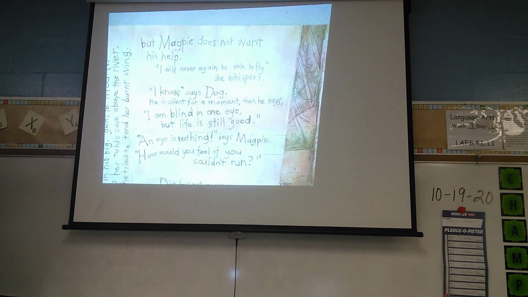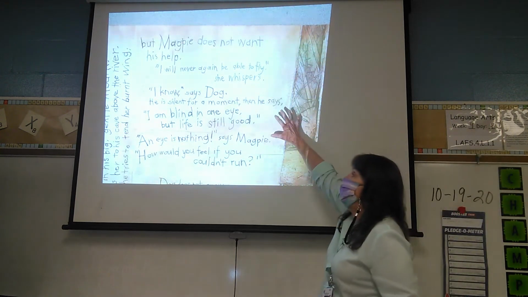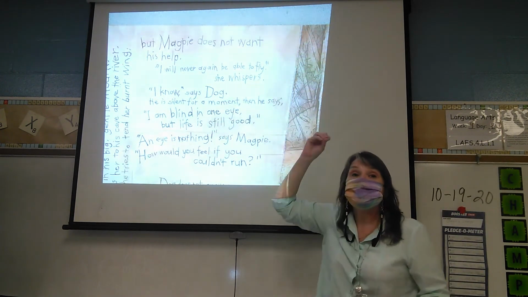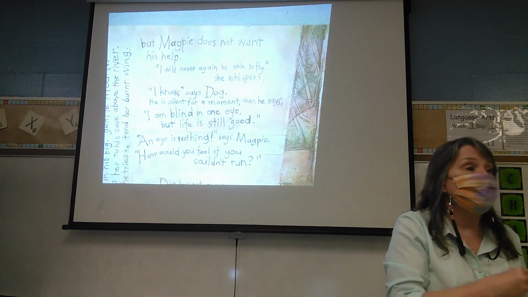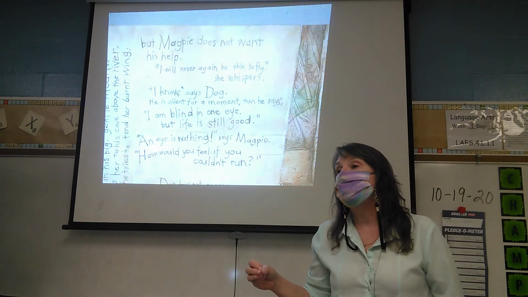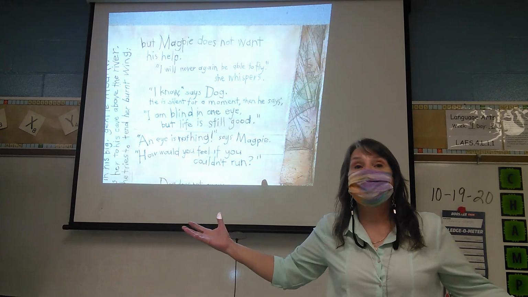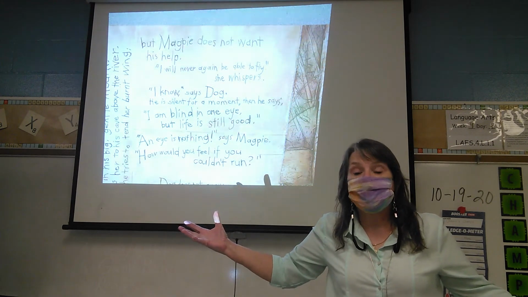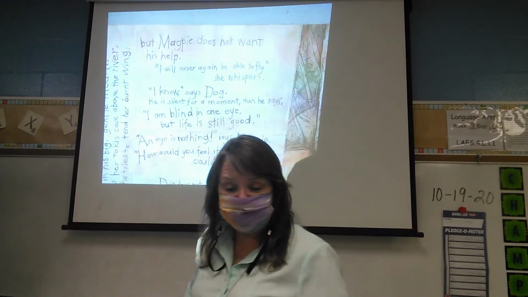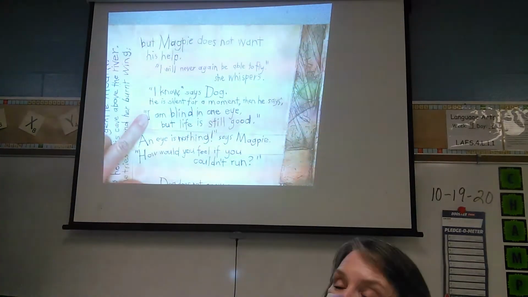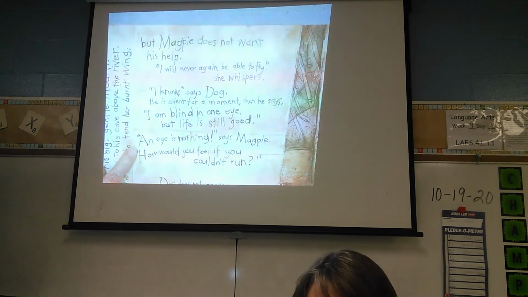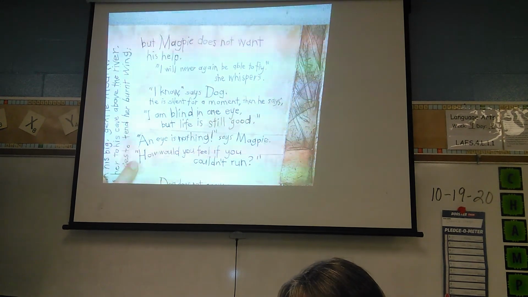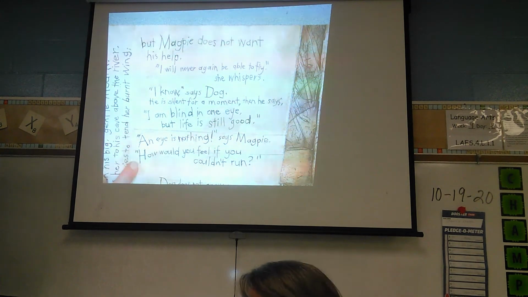And so the strong animals then breed and have more animals that are also strong. Okay? So Magpie is definitely freaking out here because now she knows that she's going to most likely be eaten by a predator. Right? She can't fly. So after Dog says life is still good, and I is nothing, said Magpie, how would you feel if you couldn't run?